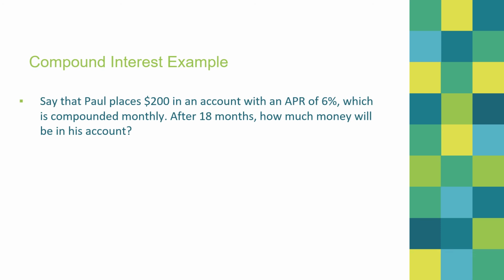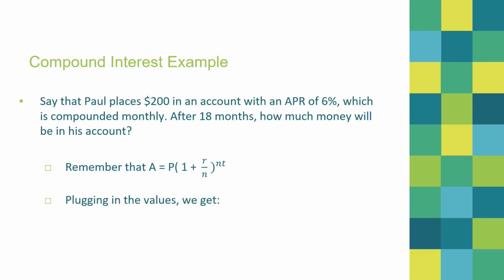Again, for practice, we'll give a few examples. So, say Paul has 200 bucks in an account with an APR of 6%, and this is compounded monthly. After 18 months, how much money is he going to have? So, our formula, once again, is A equals P times 1 plus R over N to the power of NT.